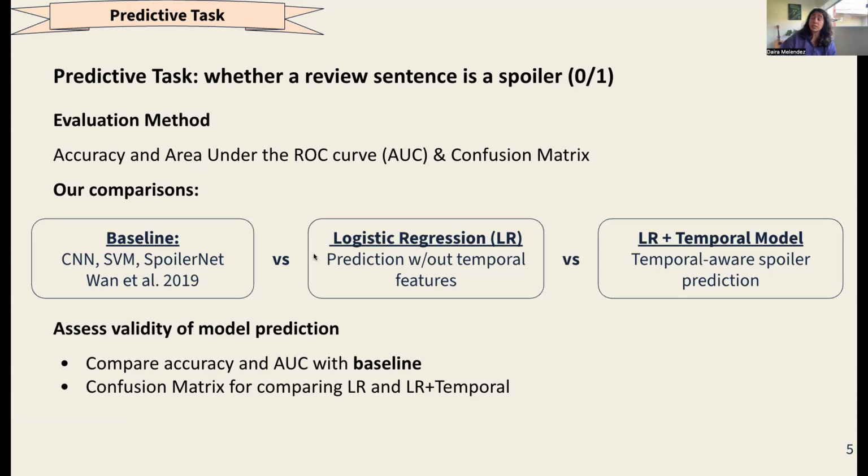We're comparing it with a simpler logistic regression, and then we're also adding some temporal features to our logistic regression. In order to assess the validity of our model's predictions, we're going to compare our accuracy and AUC with the baseline. And for both of the models that we're going to build, we're going to look at a confusion matrix comparing those two.